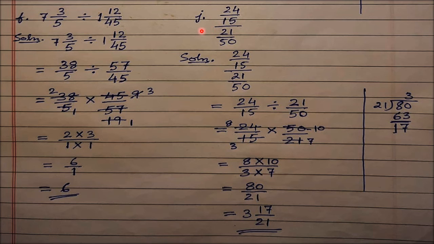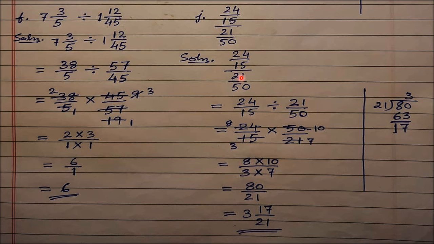Then question number J, where you have division but written in a different order. 24 by 15 by 21 by 50 means that 24 by 15 divided by 21 by 50.